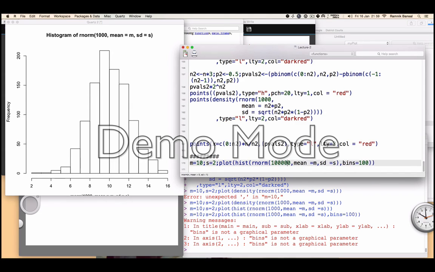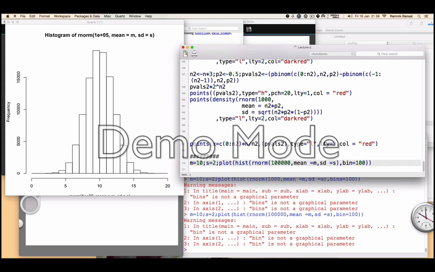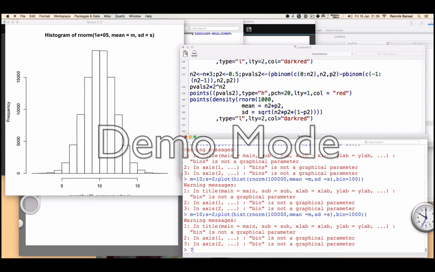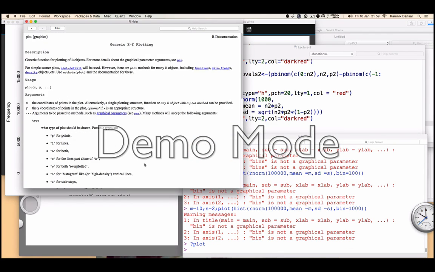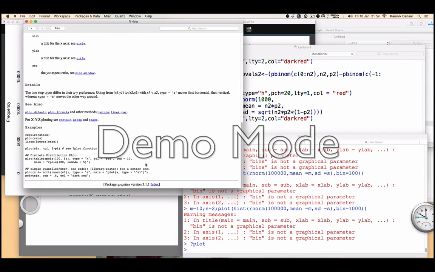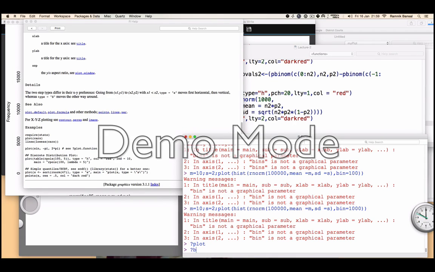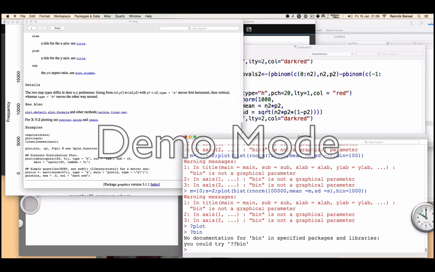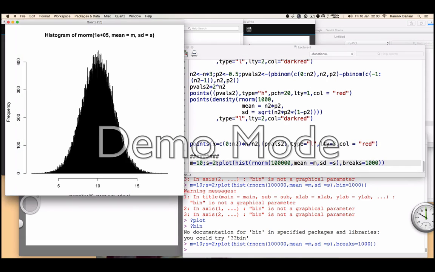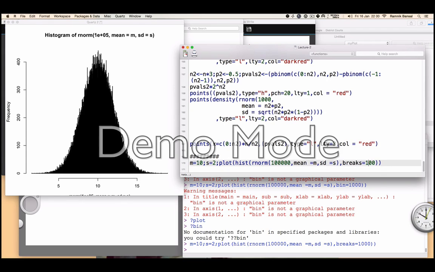Let's make more data points. Yeah, right, so I'm creating more.